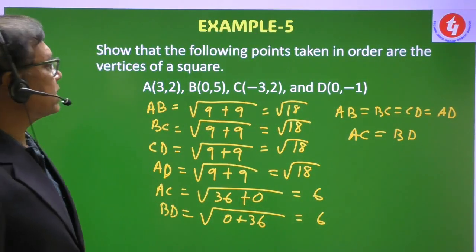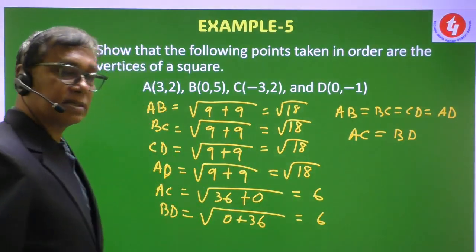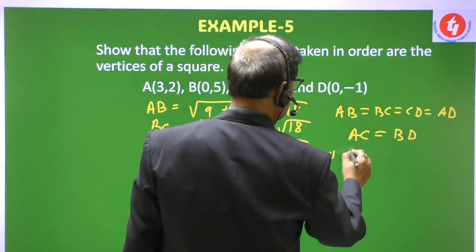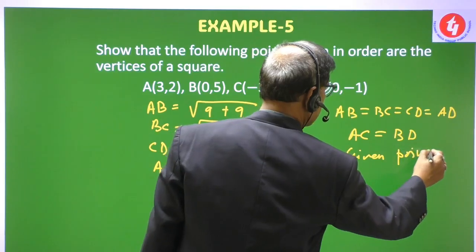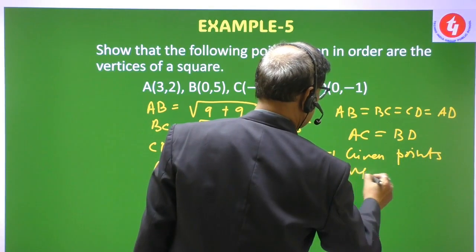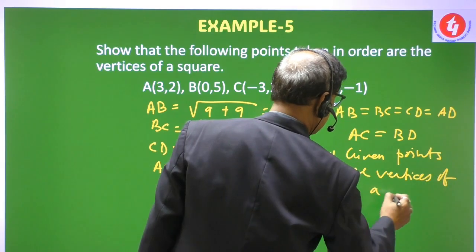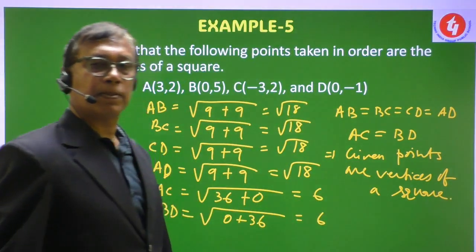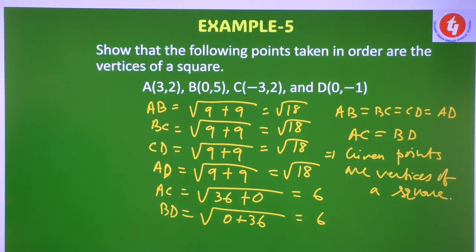So from here we can say the given points are the vertices of a square. Is it clear, students? This part is clear? Okay, so example 5 completed.